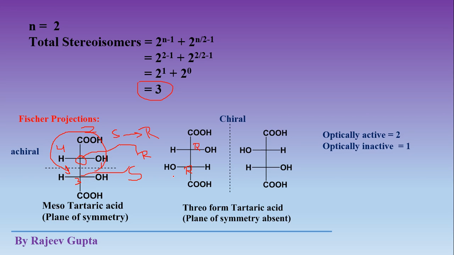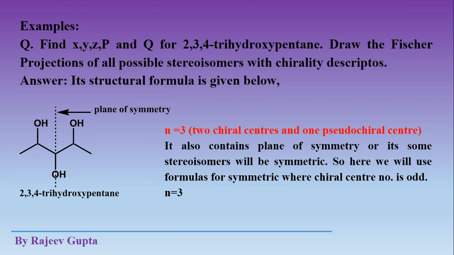When OH goes to here in this chiral compound, its configuration will also be changed, so it is R. Now we know that both enantiomers have opposite chirality descriptors, so it is RR, and this will be S. So this is the assignment of the chirality descriptor, which is completed here. So your answer is also completed.